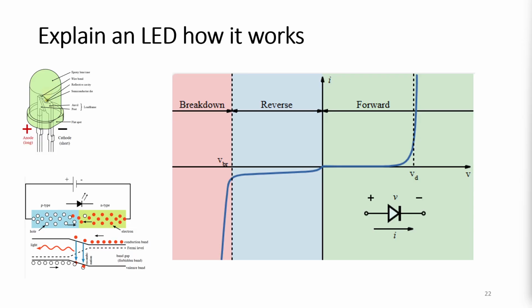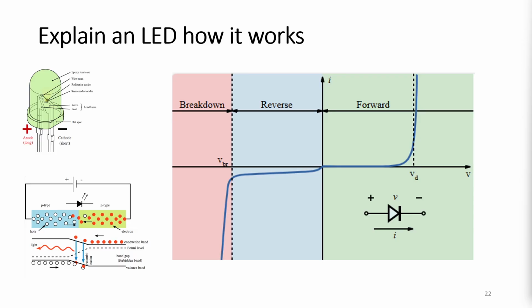This sharp rise in current is shown by the steep curve in the breakdown region. In ordinary diodes, operation in breakdown can damage the device, while in a specially designed diode such as a Zener diode, breakdown is used intentionally for voltage regulation.